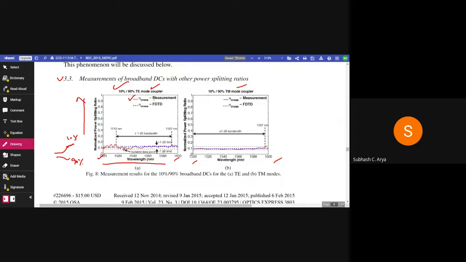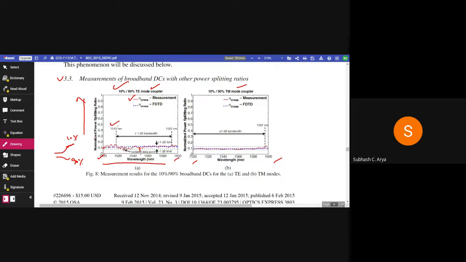However, after fabrication, when the actual measurement was taken, we can see this is the red color. It has a little bit of difference, a little bit zigzag with respect to each wavelength. So at 1550, we can see it is like that. However, we are concerned with plus minus 1 dB: what is the bandwidth, or range of wavelength, for which plus minus 1 dB of 0.1, or 10% power, is available.